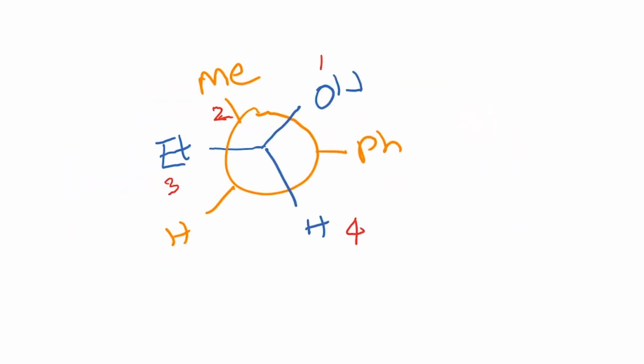Just so that we follow the correct convention I discussed, let us now assign the stereochemistry. For this carbon over here, priority number 1 is OH, priority number 2 is the carbon behind, priority number 3 is the ethyl group, and priority number 4 is hydrogen.